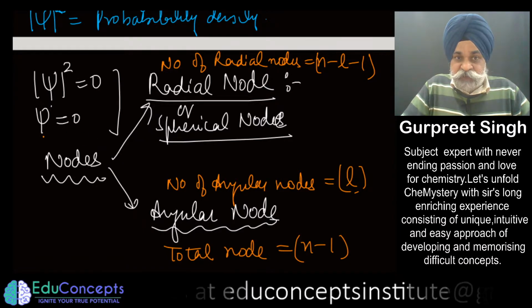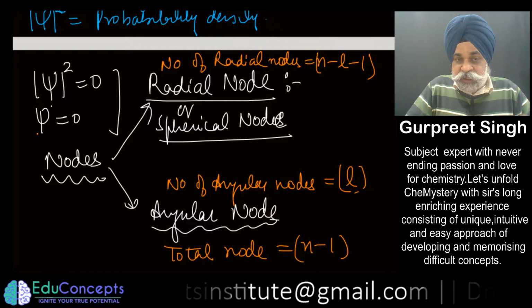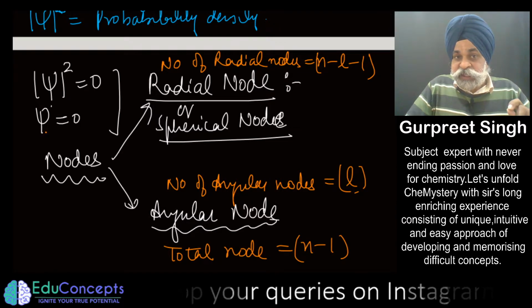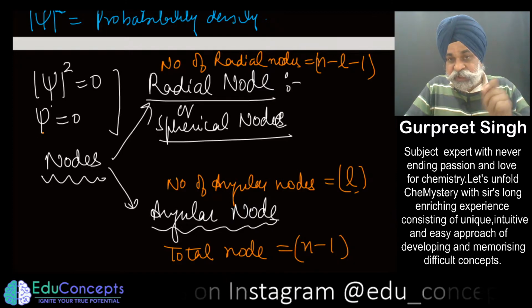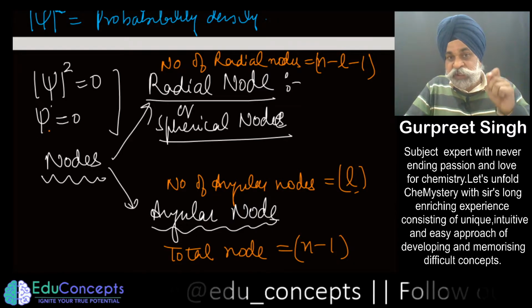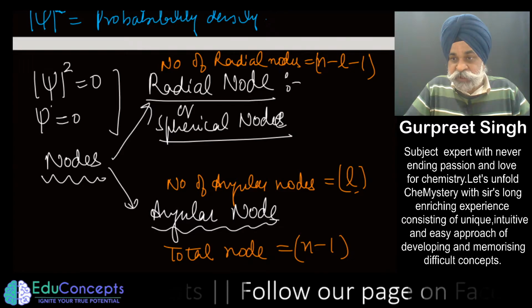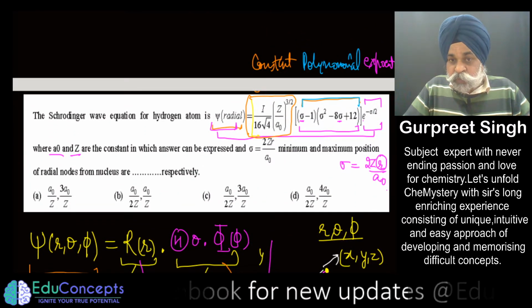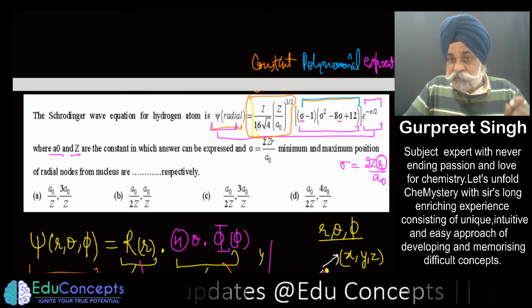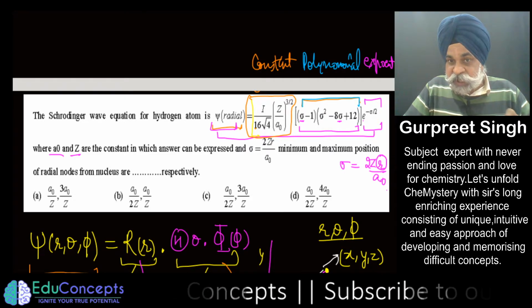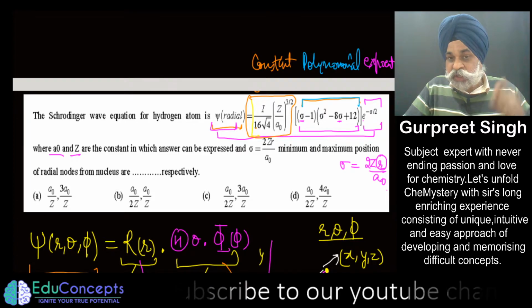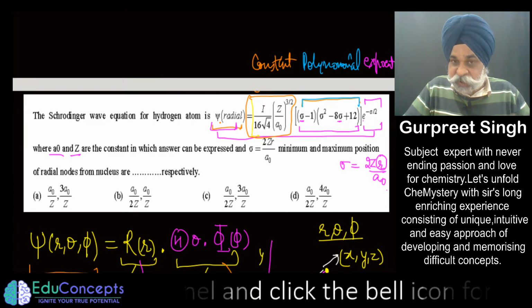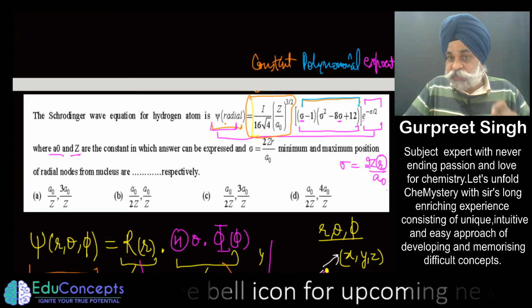I was on the verge of saying that when psi square becomes 0 or psi becomes 0, that is the distance from the nucleus where the radial node would be. So he is interested to know what I should make equal to 0 in this wave function such that you would get the location of the radial node, at what distance the radial wave function tends to become 0.